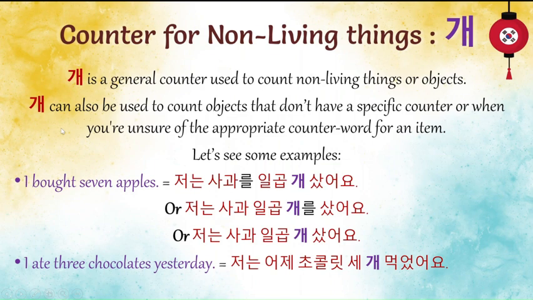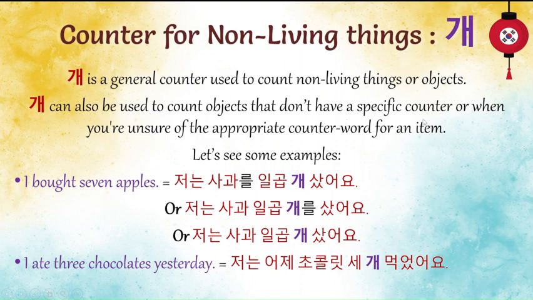Now, 개 can also be used to count objects that don't have a specific counter, or when you are unsure of the appropriate counter word for an item. Here's one thing that you'll notice in the Korean language: almost each and every countable thing, and by thing I mean any living or non-living thing, or it could be actions also, has a specific counter.